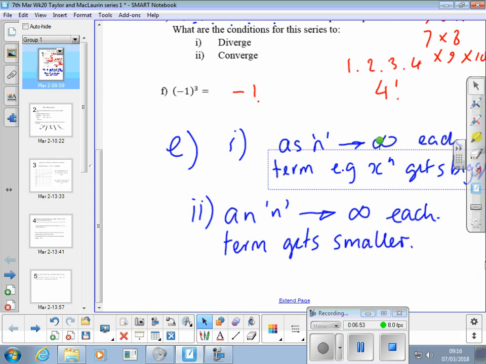Okay, and the power series that we're looking at today, one of the conditions for being able to use the power series is that the values converge and not diverge.